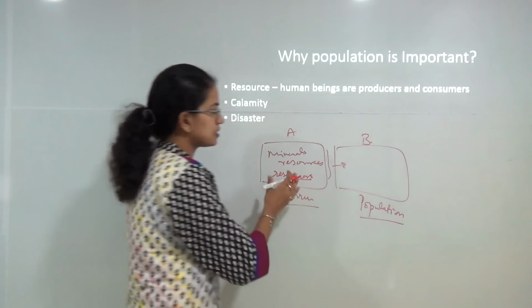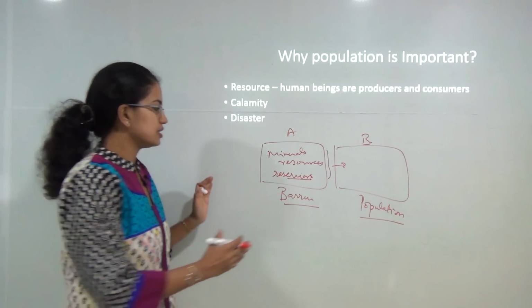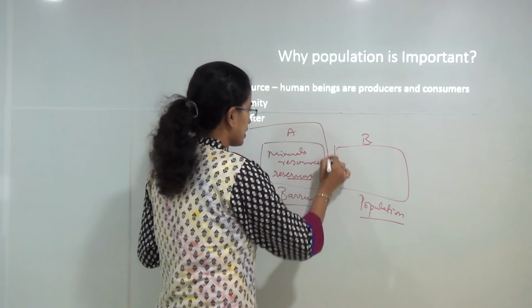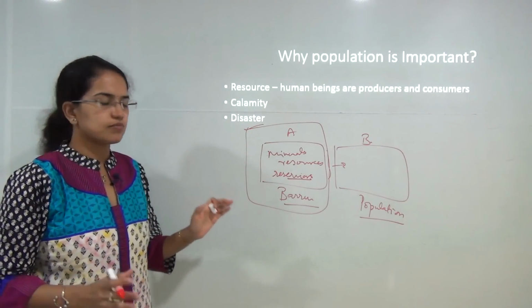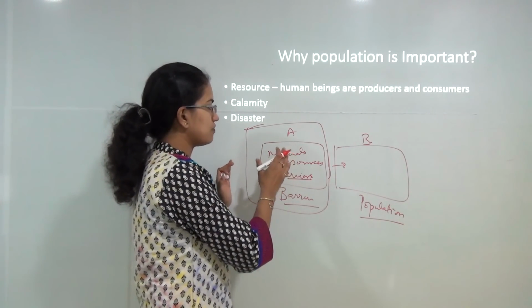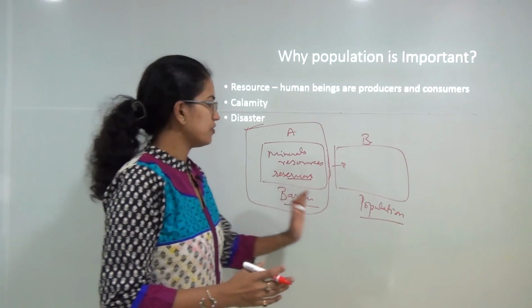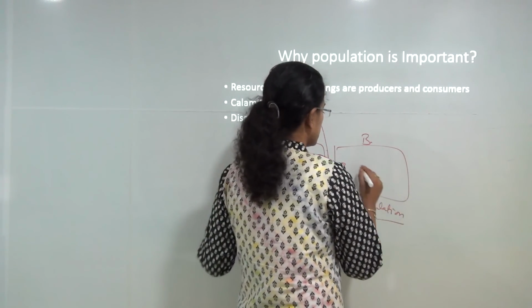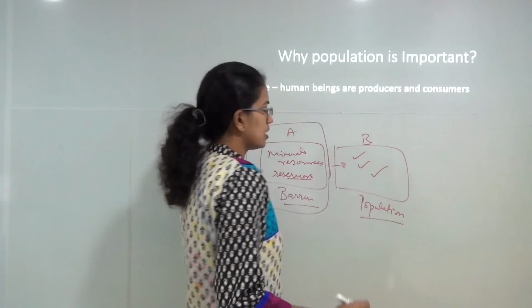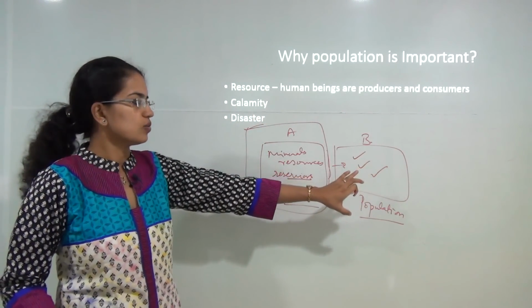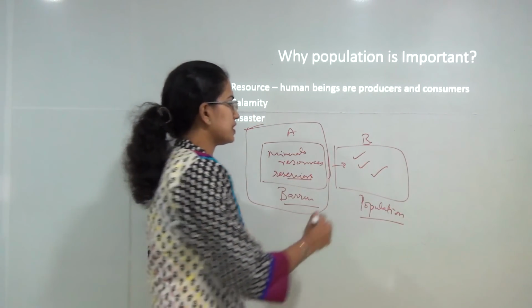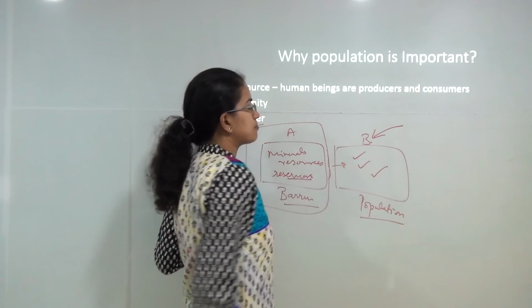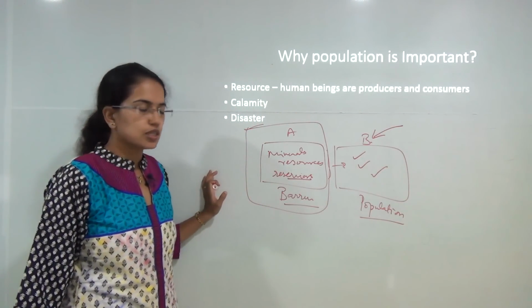Now where would these resources be used? This land is totally barren and not reachable by human beings. So let's say it's a kind of isolated region. However, you have another place B which has all similar resources but has people who can harness those resources, who can use those resources. So definitely the resources at place B would be used.